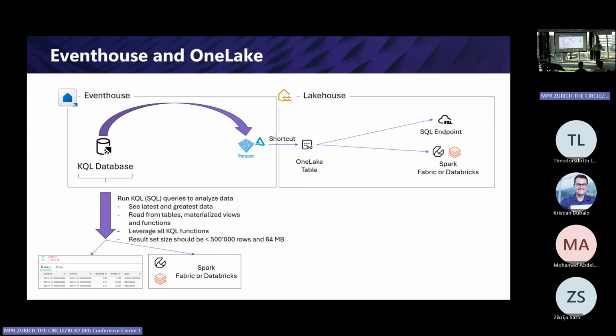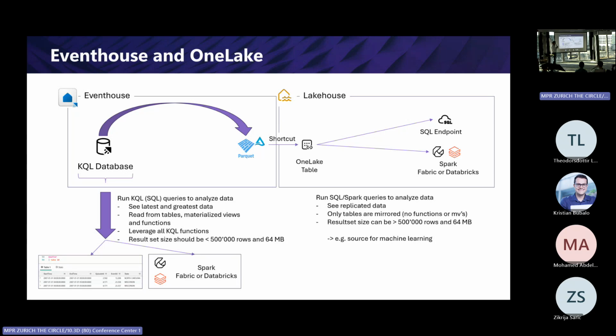So massive data, we can get from there. Also, if we replicate the data, this data set is then available for all other users of the platform. If I have a warehouse somewhere with some data and I would like to join this table with data coming from the event stream, I can do it on OneLake. It is a data set with tables with records in our unified store.